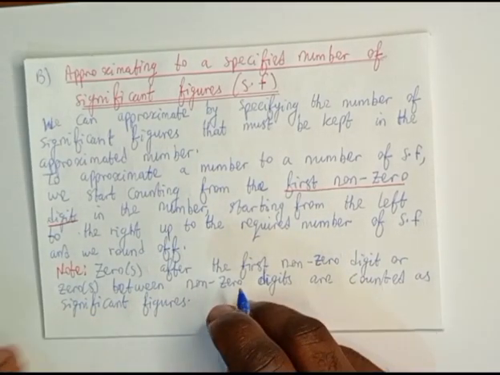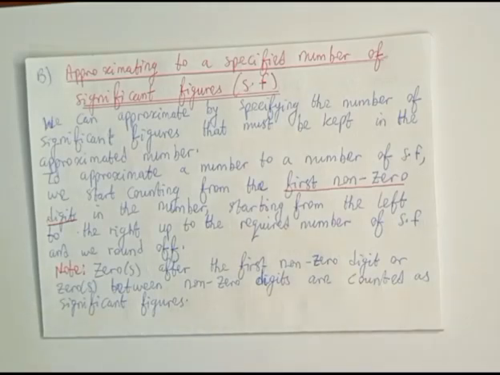But if a number starts with 0.000, the zeros at the beginning of that number are not significant figures. But if the zeros are found between non-zero digits or after a non-zero digit, then the zeros are counted as significant figures. Let's look at some examples on this.